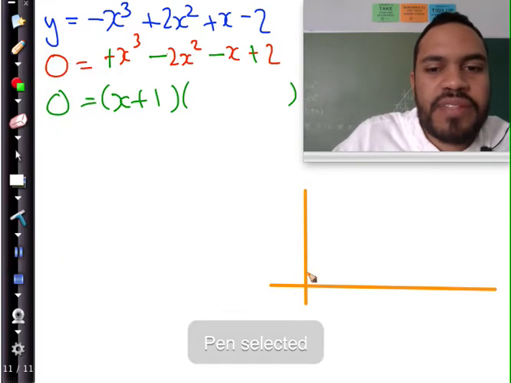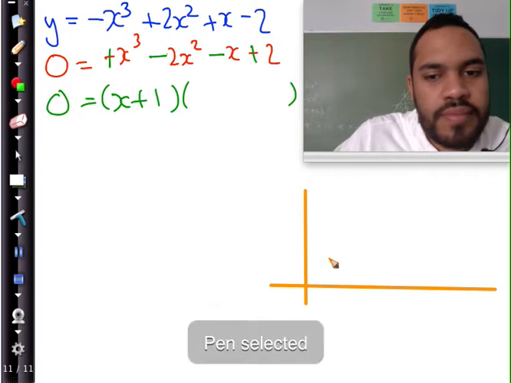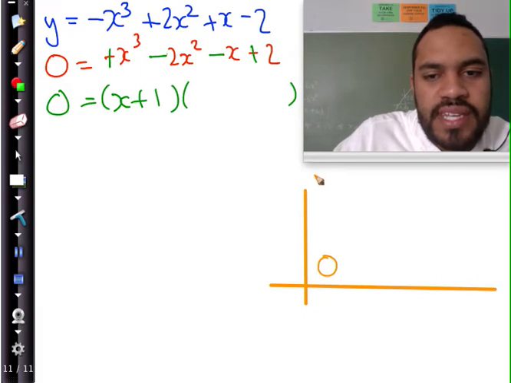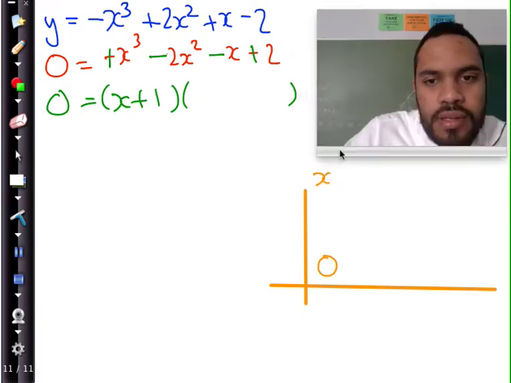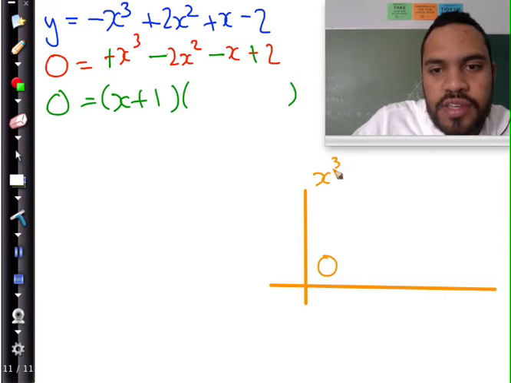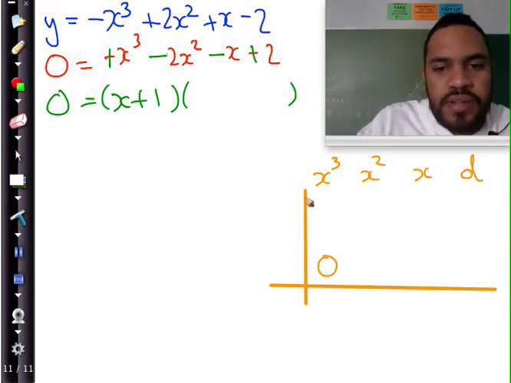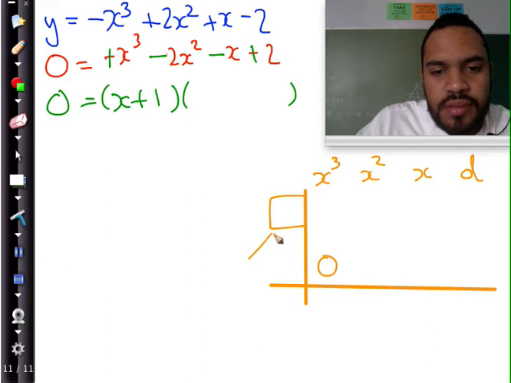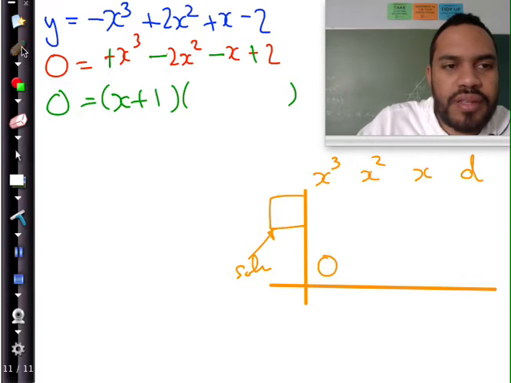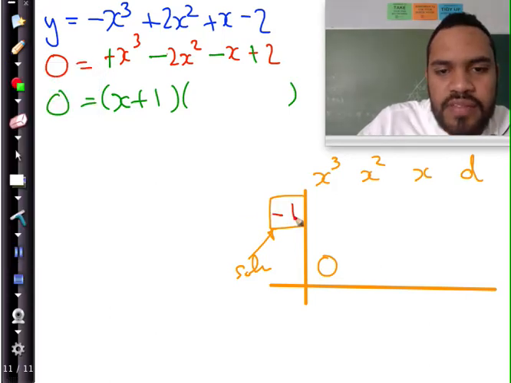So let's set up our table. What goes here? 0. 0. And what's this going to be? X cubed, x squared, x, and the constant, right? So what goes here on the outside? Minus 2. Not minus 2. For my question, the solution goes there, which I'm going to make negative 1.